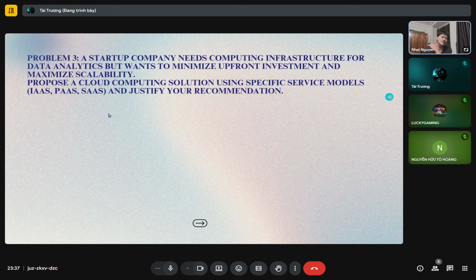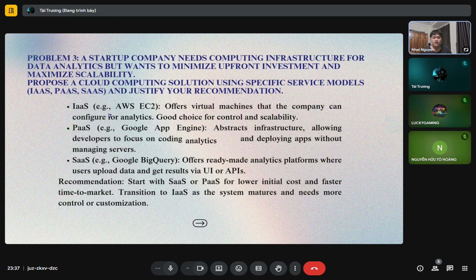Propose a cloud computing solution using specific service models and justify your recommendation. IaaS offers virtual machines that the company can configure for analytics, a good choice for control and scalability.